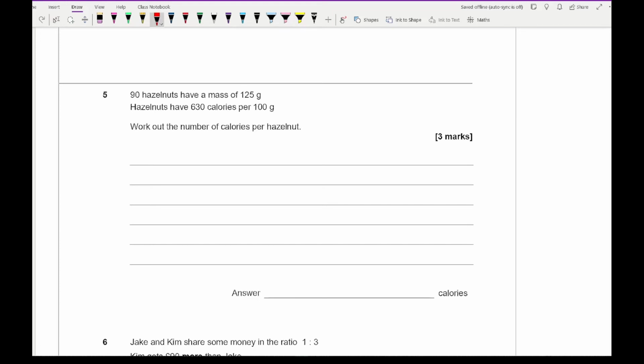So let's first of all work out how many calories there are in 1 gram of hazelnuts. Now to do that, all I need to do is 360 divided by 100. So I'm moving the decimal point 2 places, and that equals 3.6 calories per gram.